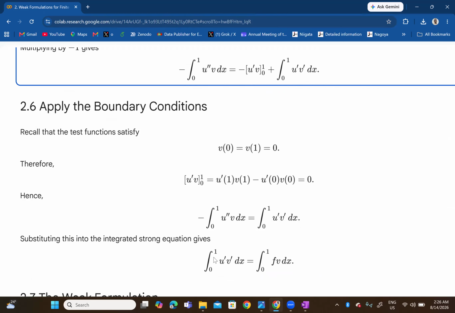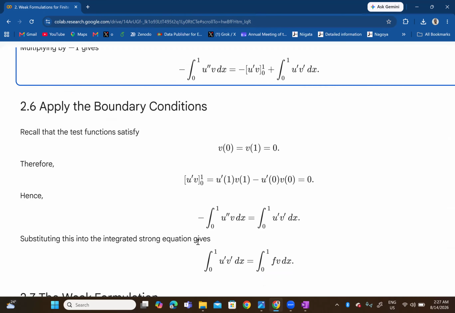So that means we have integral from 0 to 1 of u prime v prime dx right here, and that is equal to integral from 0 to 1 of f v dx. So since these two are equal, we can say this is equal to integral from 0 to 1 of f v dx.